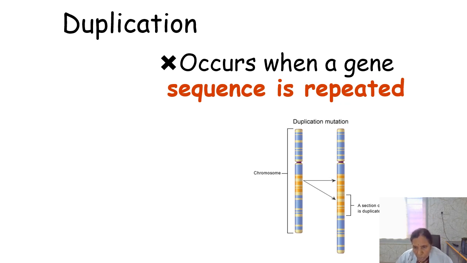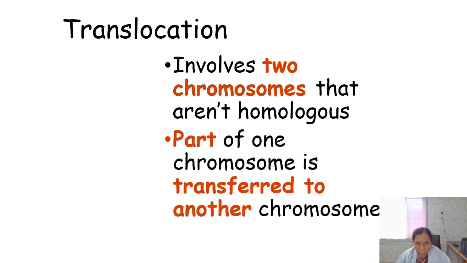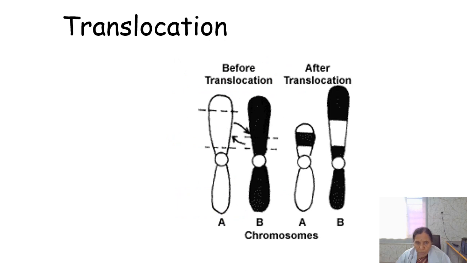See here, a section is duplicated. Next is translocation, which involves two chromosomes that aren't homologous, and part of one chromosome is transferred to another chromosome. See the chromosomes before translocation and after translocation.